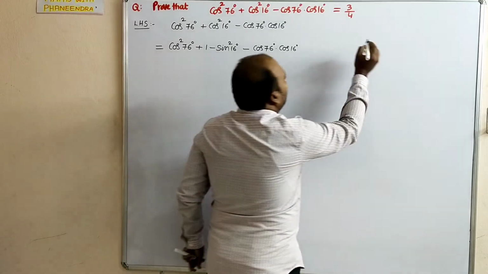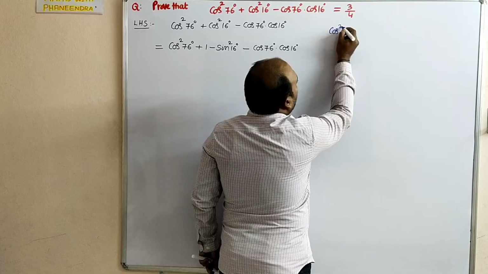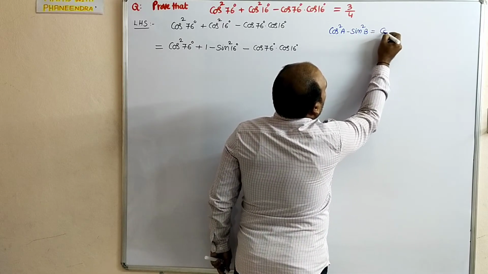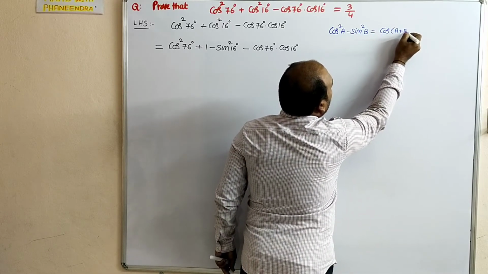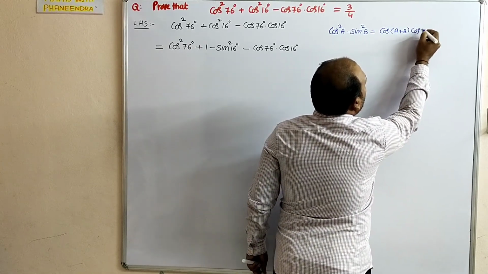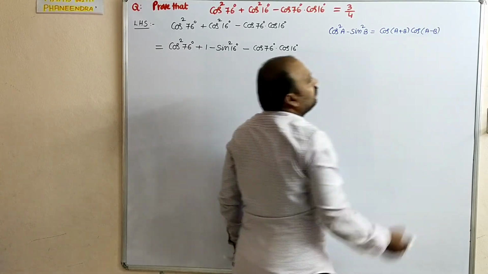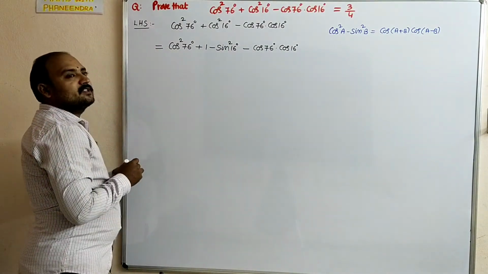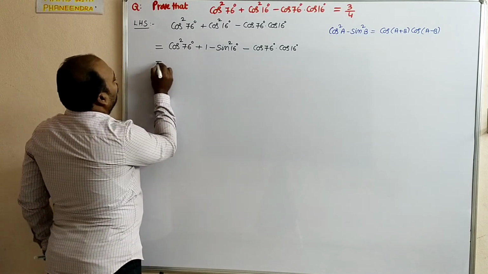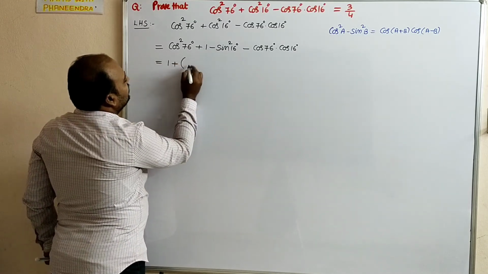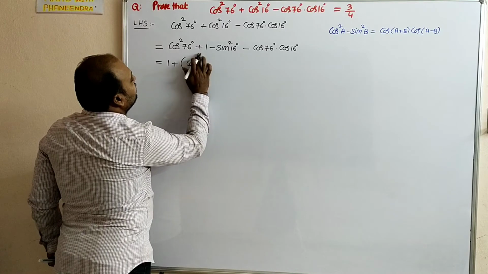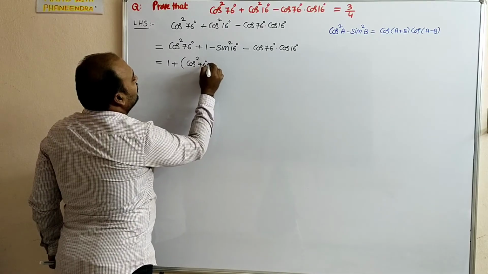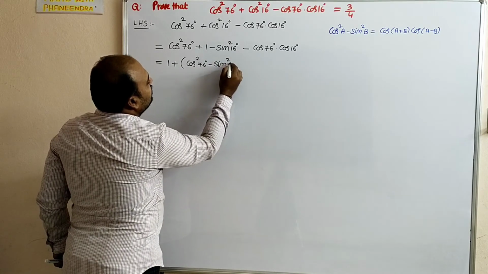See here, we know the formula cos square A minus sin square B equals cos of A plus B into cos of A minus B. So where we have to apply this formula? Cos square 76 minus sin square 16 degrees.